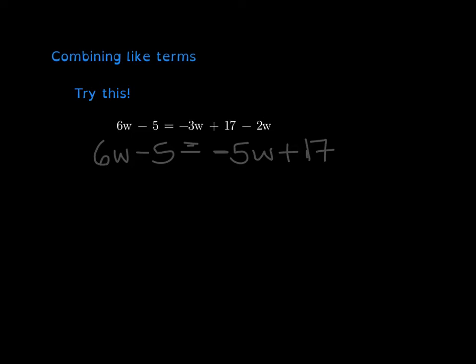And now it's just like any question we would have solved before. But maybe we'll start by getting rid of this minus 5w. So we'll do that by adding 5w to both sides.